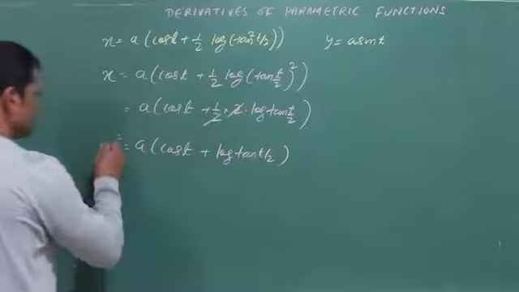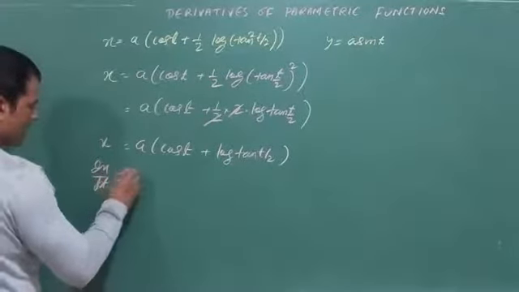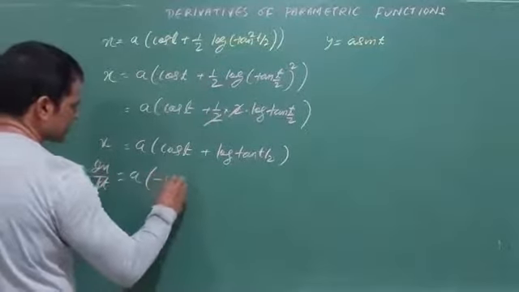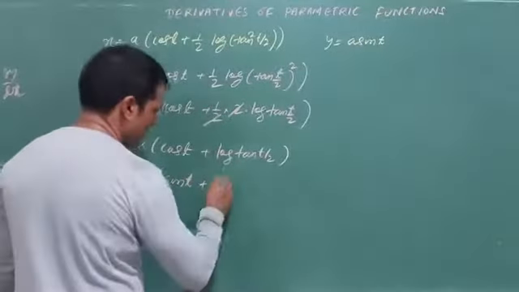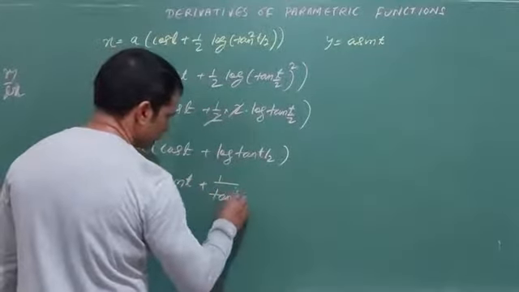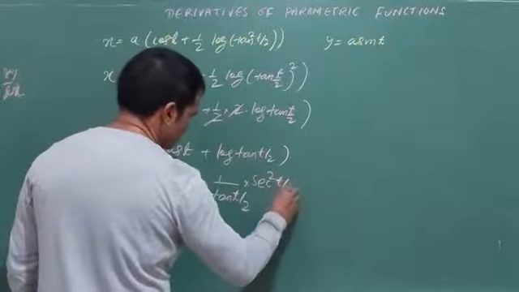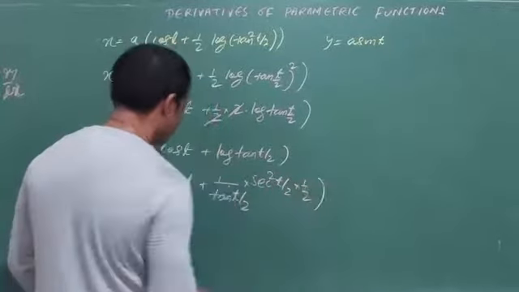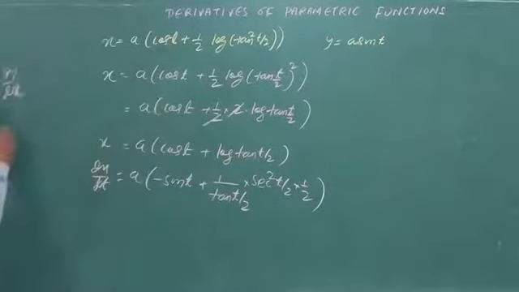Now go for the derivative. dx by dt is a sin t minus, the derivative of log tan t by 2 is 1 by tan t by 2 into sec square t by 2 into 1 by 2. Let us solve this one. 1 by sin t by 2 by cos t by 2, so cos t by 2 goes to the numerator.